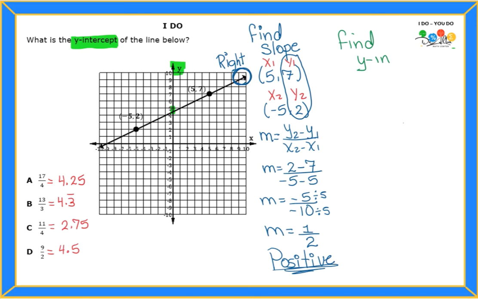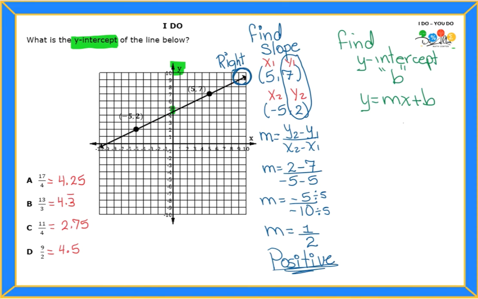Okay, to find the y-intercept, I hope that you're thinking about b. Okay, and there is a formula, the slope-intercept form, which says y equals mx plus b, where m is the slope and x and y would be the coordinates of one of the points that I have.